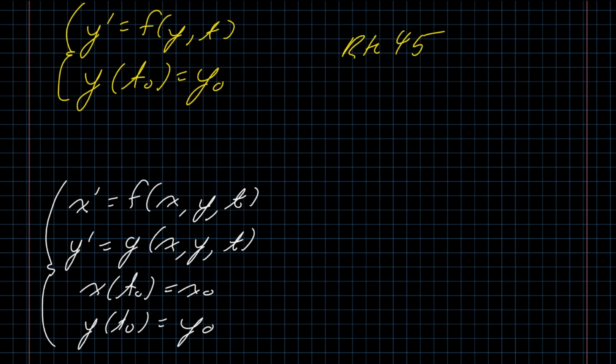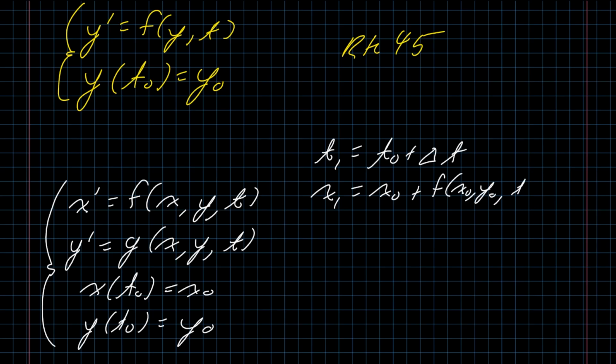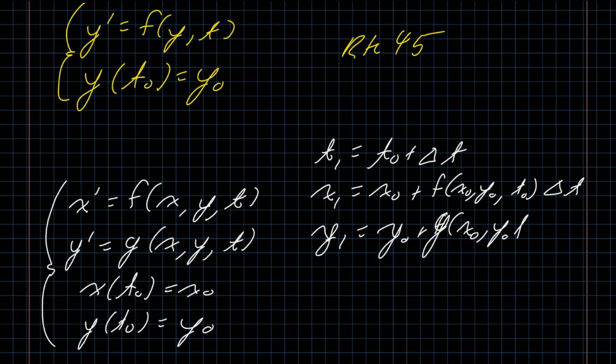We can say that t1 equals t naught plus delta t. We can say that x1 equals x naught plus f of x naught, y naught, and t naught times delta t, and we can say that y1 equals y naught plus g, in this case, of x naught, y naught, and t naught times delta t.